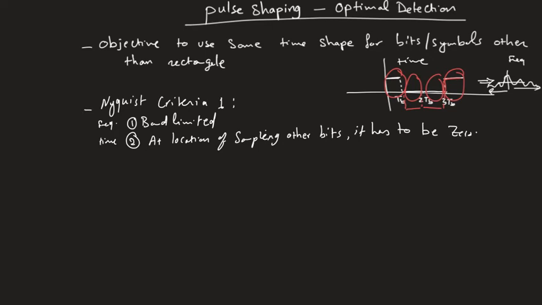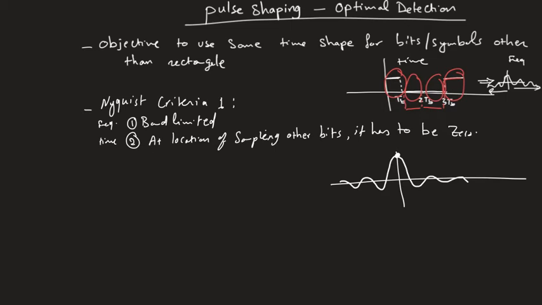One of the possibilities, it's not the only one, is something called the sinc pulse shaper. It will have something that looks like this. In time domain, each value is transmitted using a sinc function, right? The nice thing about the sinc function is that at the peak, it will have a value equal to 1 multiplied by whatever the amplitude of your bit, 5, 3, whatever voltages or amplitudes you are using.